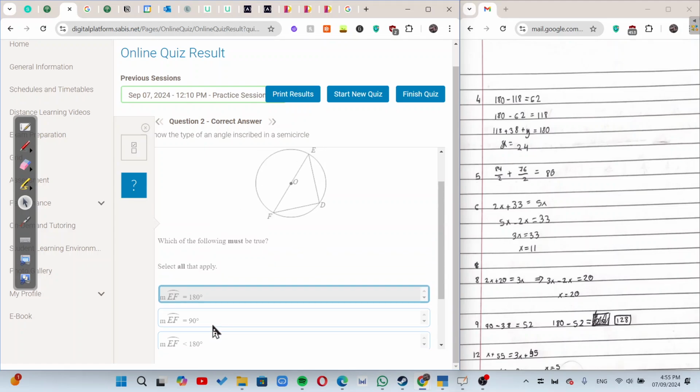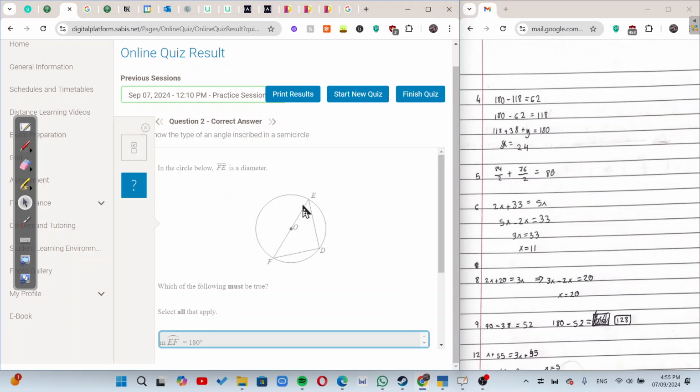EDF is a right angle. Why is this correct? EDF is an angle that's inscribed in a semicircle. If you draw an angle through here, we already said that it's gonna be 180. Here's the angle, EOF, which is 180.